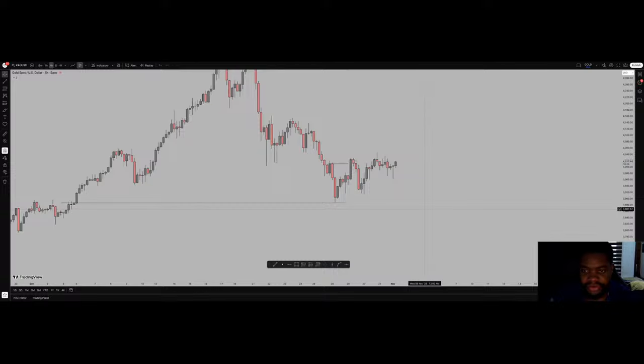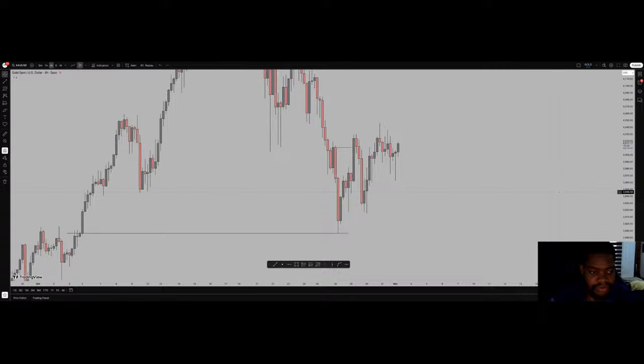The only time we can confirm our bias has changed from bullish to bearish is if price rejects a daily resistance and breaks a 4 hour support. We had a daily resistance rejection, but you can see this 4 hour support here. Price did not close below it. So since price did not close below it, we can't automatically start looking for sales unless price closes below it.